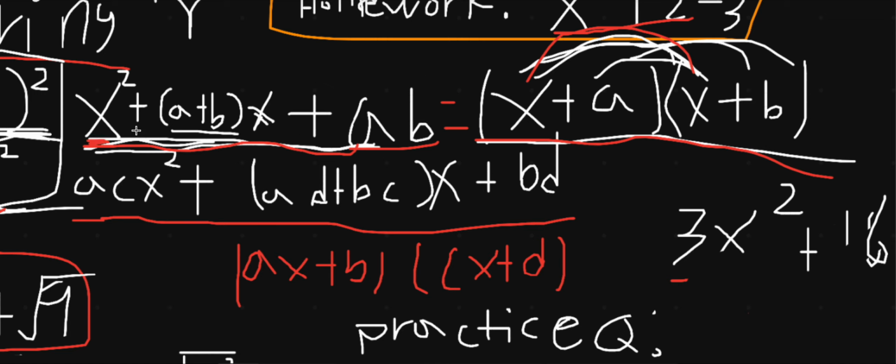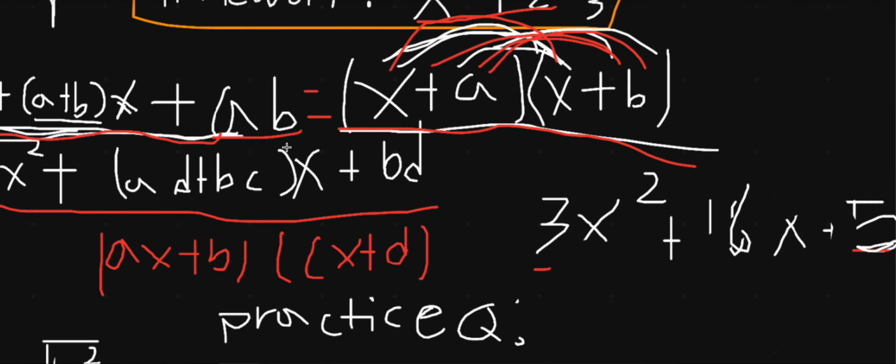X times b is xb, and a times x is ax, and they can be added since they're both positive. And then we have a times b right over here. Boom. So this is just a simplified formula. And using this, we're going to be solving the homework question.